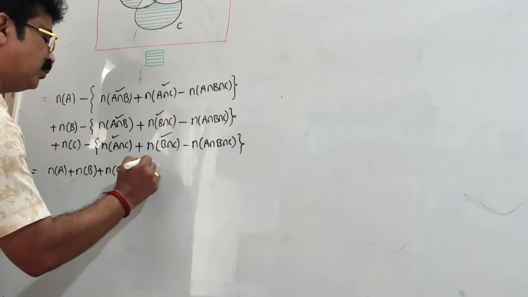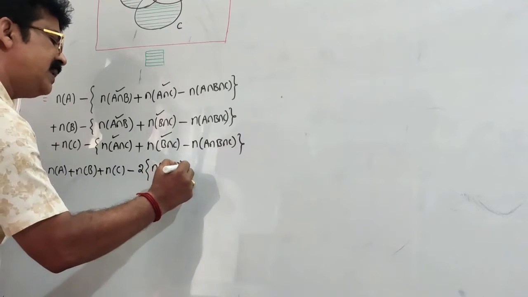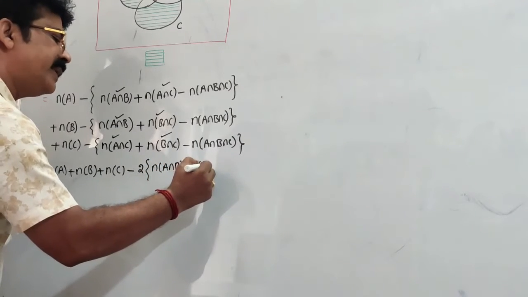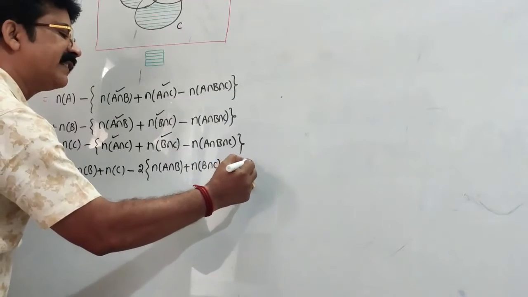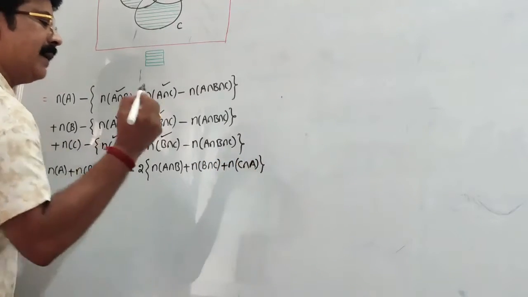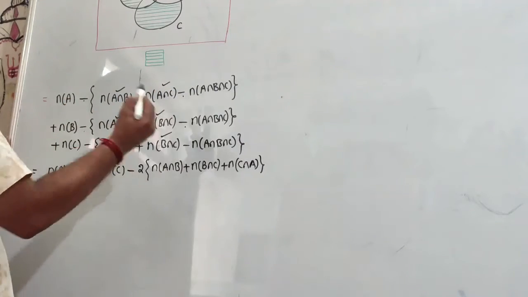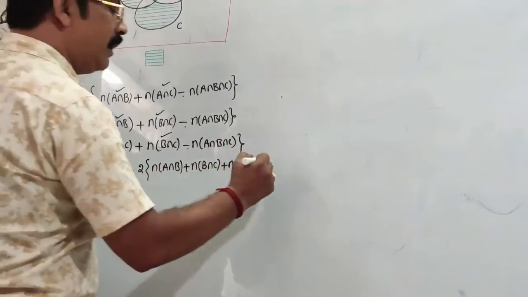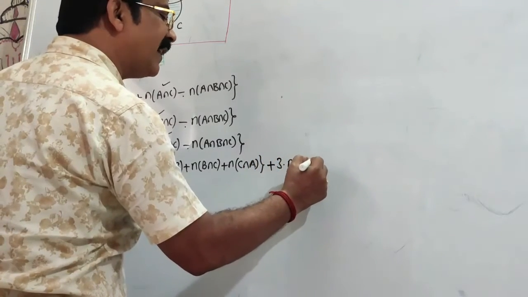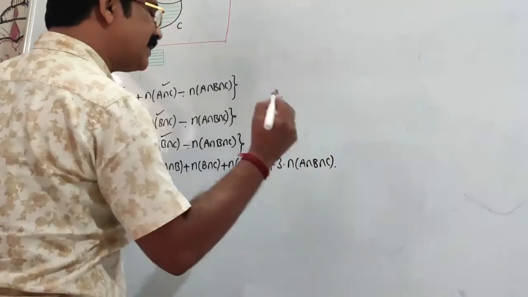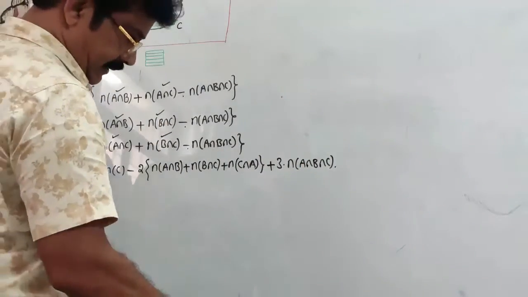So minus 2 times n of A intersection B plus n of B intersection C plus n of C intersection A. Next, minus into minus plus, three times, so plus 3 times n of A intersection B intersection C. Of course, it is the proof for exactly one set.